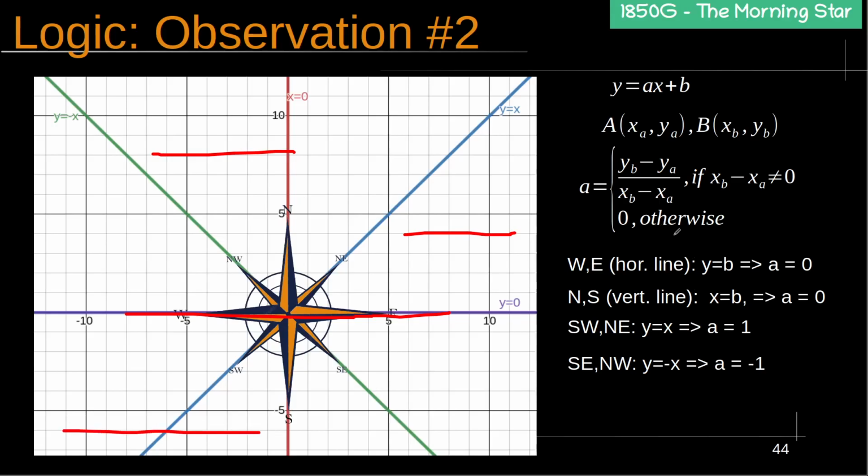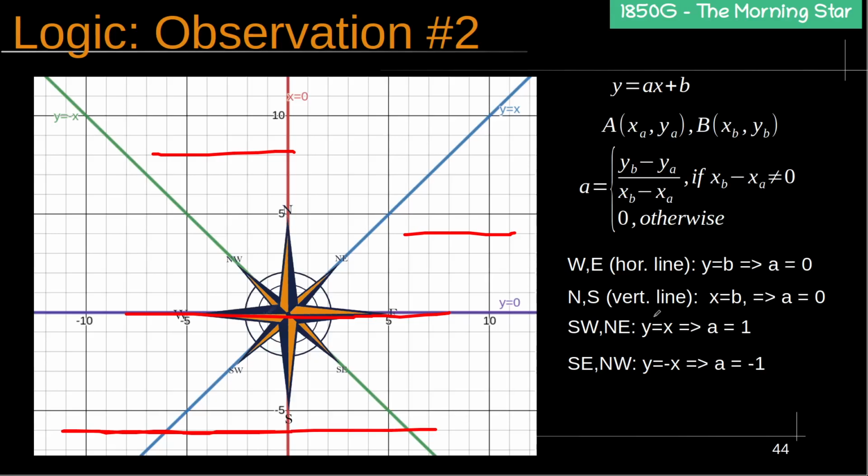Essentially, we have a horizontal line, which means y is equal to b, which means the slope a is equal to 0. As you see here, there is no slope for this line. The slope a is equal to 0 because y is constant here. x changes, but y is constant. So y is equal to b.